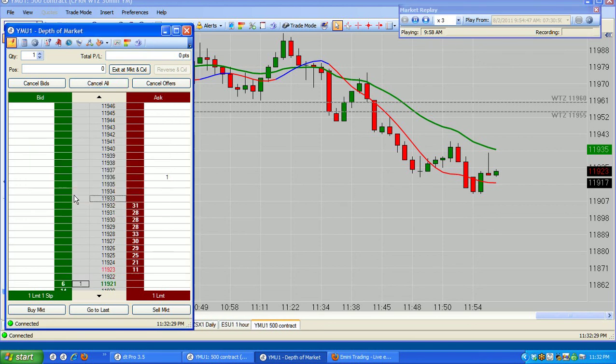We almost got in right there. But now look where it is, 11,935. Just going to hit cancel all. I will now sell 11,935. Right here is where you increase your number of contracts, whatever you want it to be.